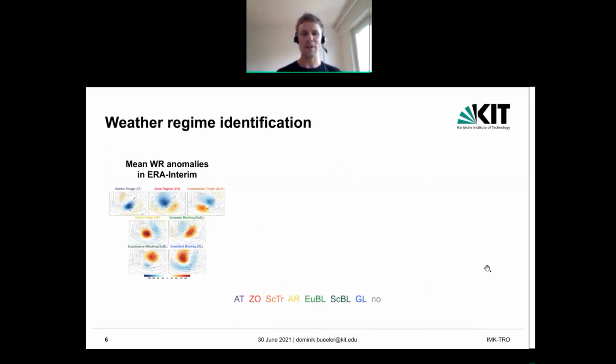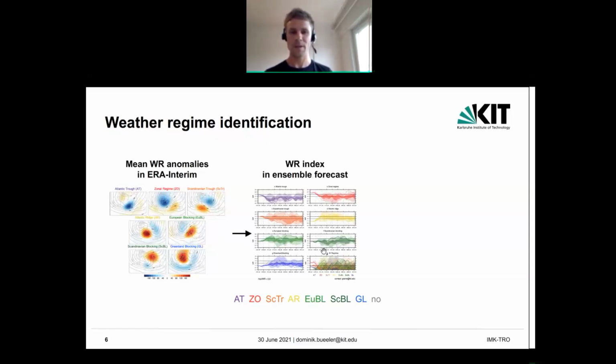So before I show you some results, just briefly, how do we identify these regimes? We start with the cluster mean anomalies in ERA-Interim, and then we take the instantaneous geopotential height anomalies in the ensemble and project them onto these 7 cluster means. Then we normalize them seasonally in a way that we end up with this so-called weather regime index, which you see here for one example forecast.